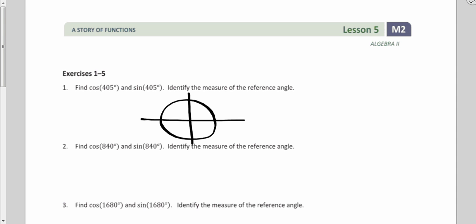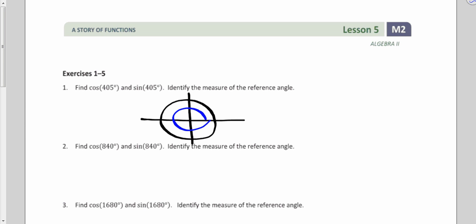Now, think about this. We drew angles on the unit circle. What is that angle right there? 360. But I got to go to 405, don't I?